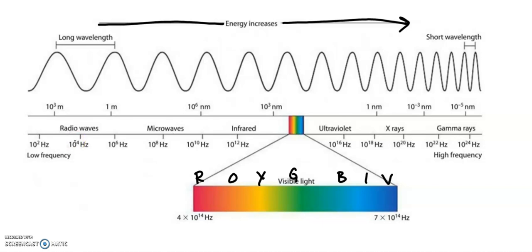They're very low energy. Infrared, notice how it says infrared, and then what color comes next? Red. So this right here is the visible light. This is the only part of this whole spectrum that we can see. So the only part we can see is this little teeny spot right here. This is the visible light.